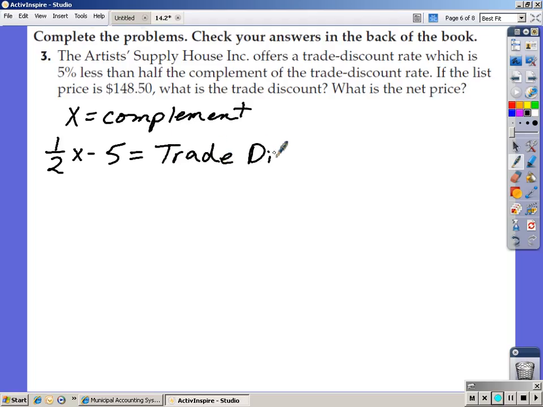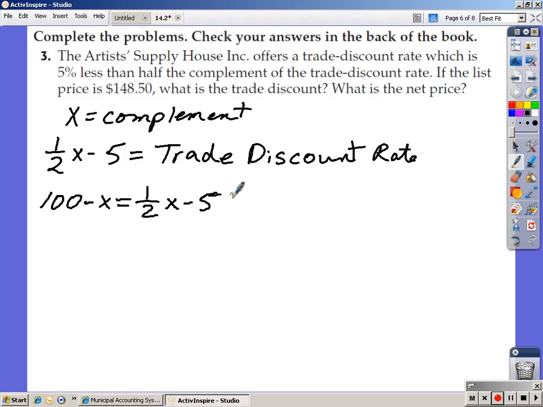Now, don't forget what I said earlier. We are so used to working with percents in decimal form that many people will try to put this 5 as 0.05. Don't do that, okay? Because when we work this out, we do 100, which is 100%, minus x equals 1/2 x minus 5.